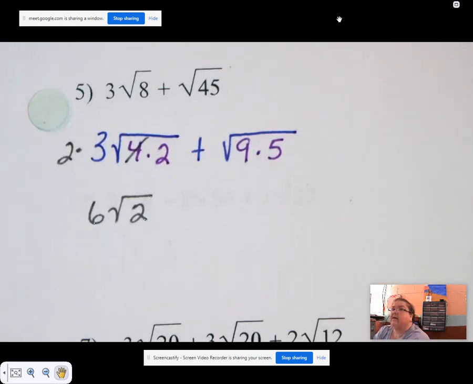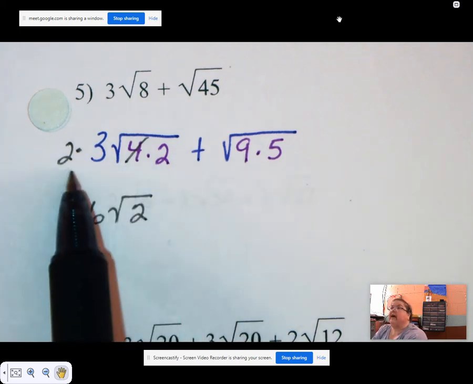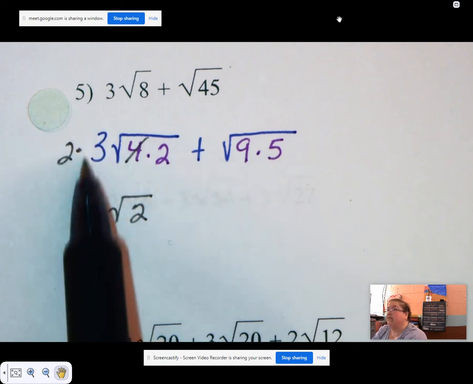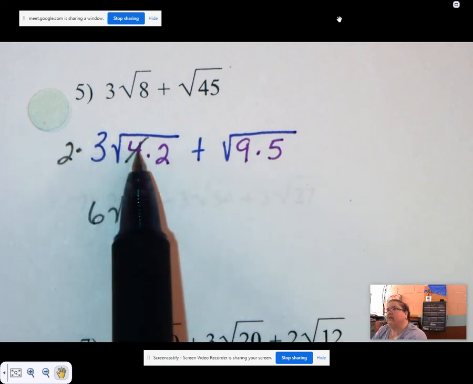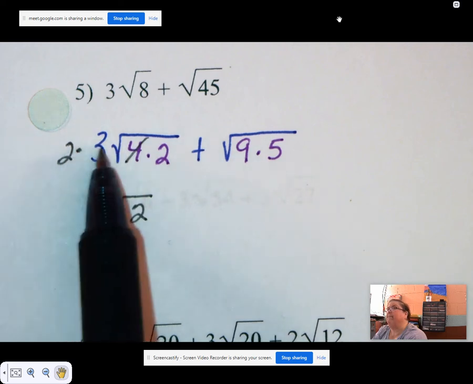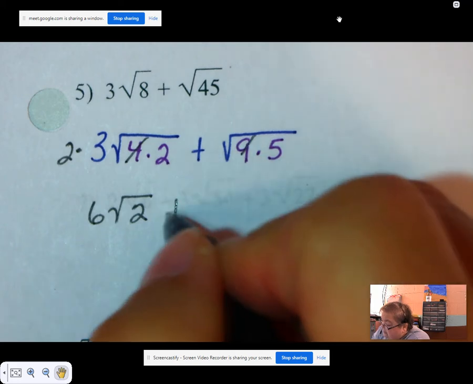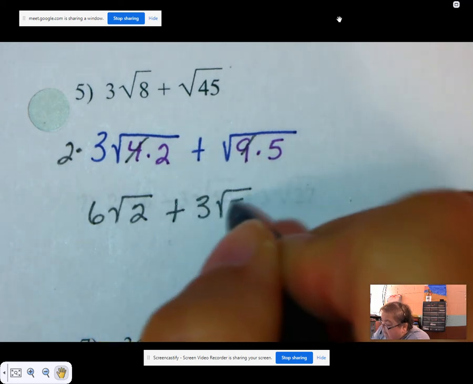How many of you got that? Nice. Remembering from what we did yesterday, which is if I have an existing coefficient, when I take the square root of the perfect, when I bring it out, I multiply them. Excellent. And the root of 9 is 3. Keep the root 5.